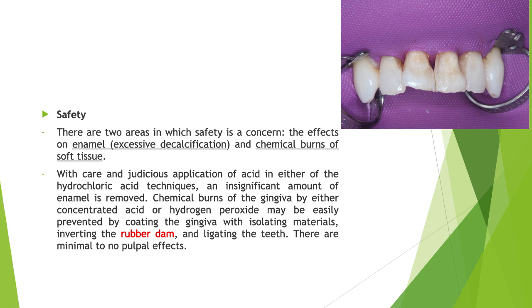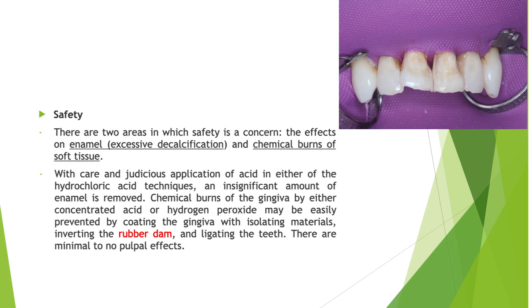It's very important that we apply rubber dam isolation to avoid burning the soft tissues with the HCl acid. And it's also important to avoid applying too much pressure or leaving the material for a long time over the teeth to avoid excessive decalcification of enamel.